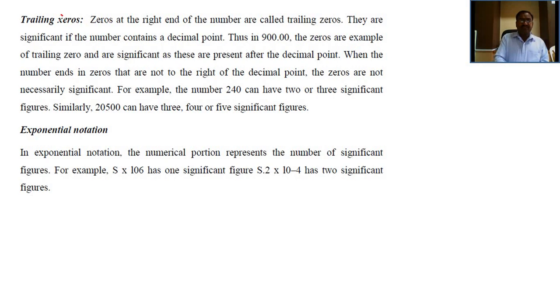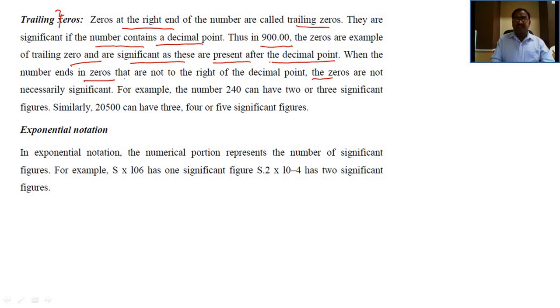Trailing zeros. The zeros at the right end of the number are called trailing zeros. They are significant if the number contains a decimal point. Thus, 900.00: the zeros are examples of trailing zeros, and are significant as these are present after the decimal point.